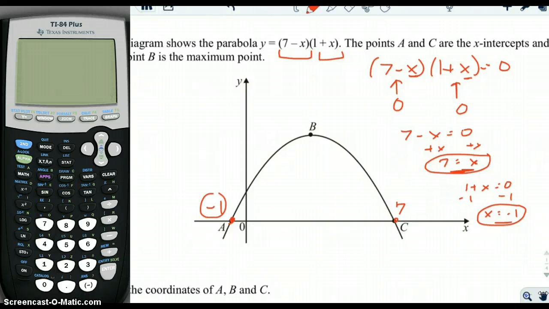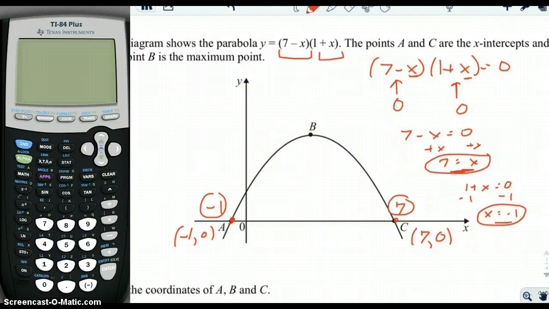One of these is going to be to the right of the y-axis, that would be 7. So we already know that the coordinates for C have a 7 for the x-coordinate, and then remember the x-coordinate goes first, and the y-coordinate would just be 0 because we're on the x-axis. So point A would be negative 1 comma 0.